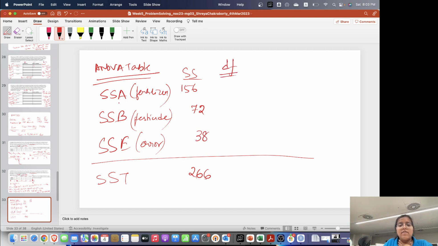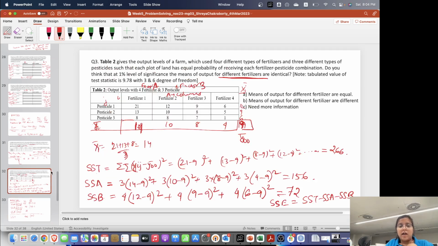So, when we are considering fertilizers, we have how many levels? We have 4 levels. So, then it will be 4 minus 1, that is 3. When we are considering pesticides, we have 3 levels. So, here we have 3 minus 1, that is 2. Then here SST, what will we have? N minus 1. So, how are we going to calculate N? Here we see for each of the ij blocks, we have one observation, right?